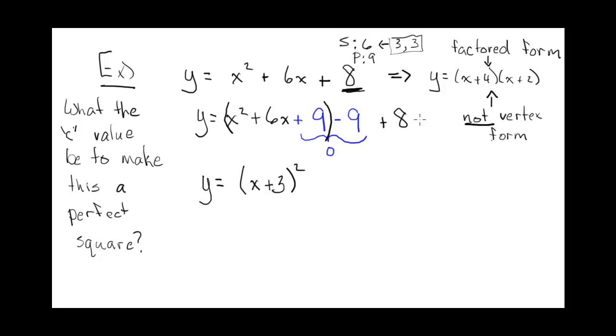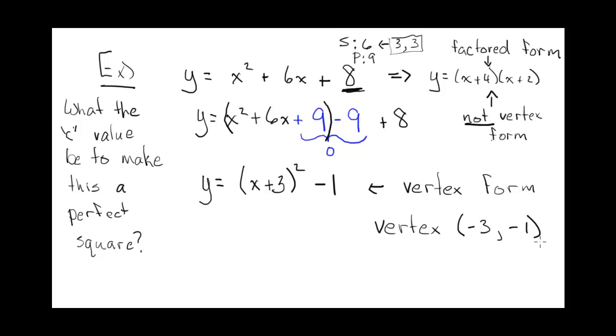Then I have these two terms here, which I can just add together. Negative 9 plus 8 is negative 1. Lo and behold, vertex form. So the vertex, if we wanted to write it, would be (negative 3, negative 1), always the opposite sign to that, and minus 1.